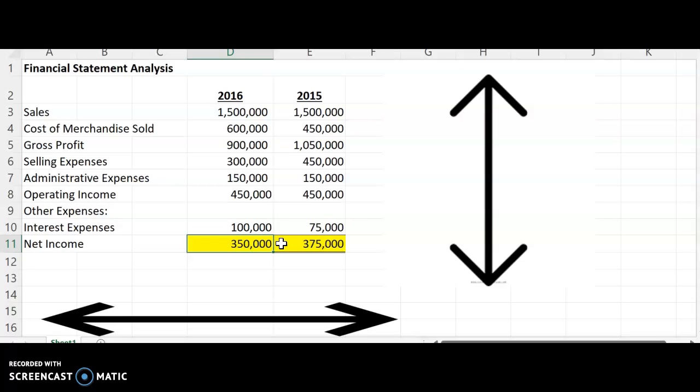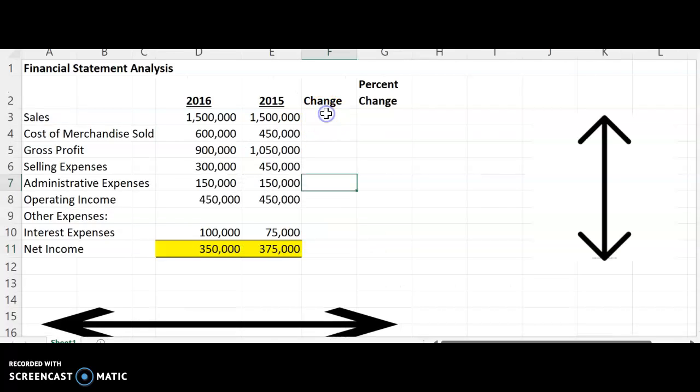So the first thing I'll do is I will find what my change was. So the change from this year to last year is nothing for sales. It didn't change. I'm just going to copy that formula down.